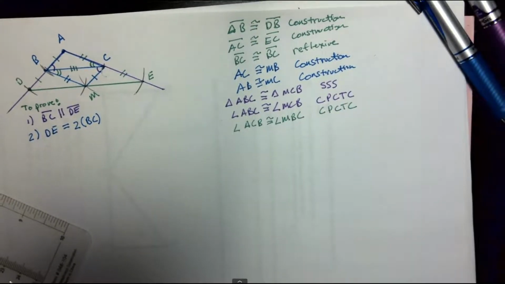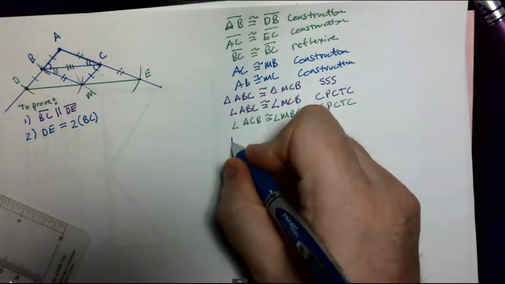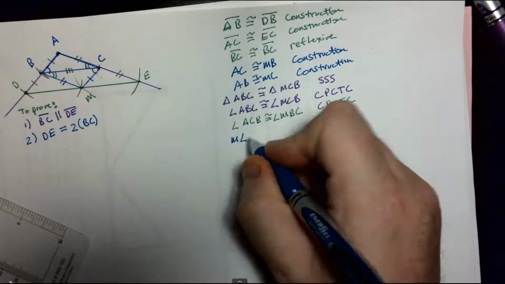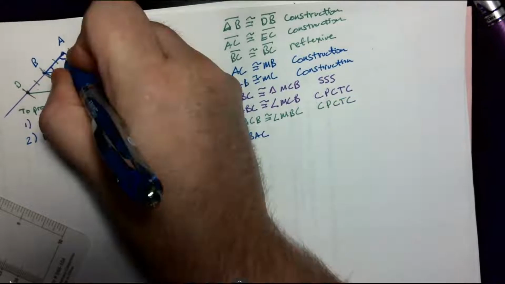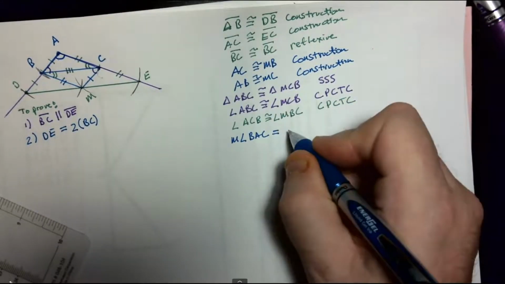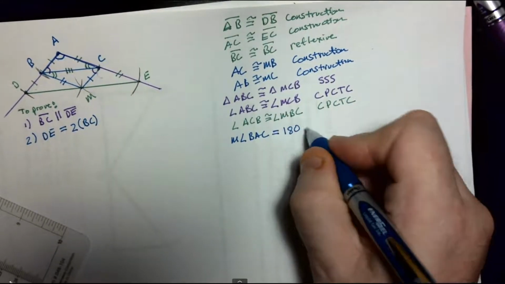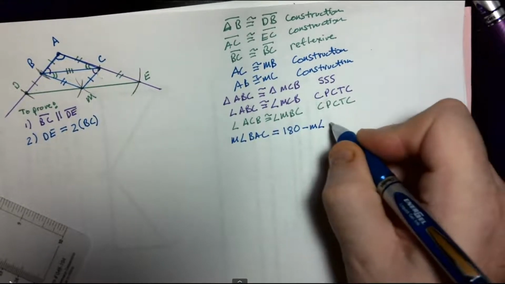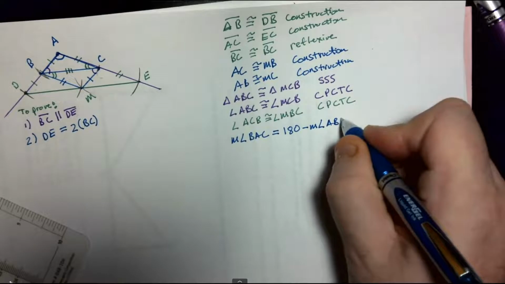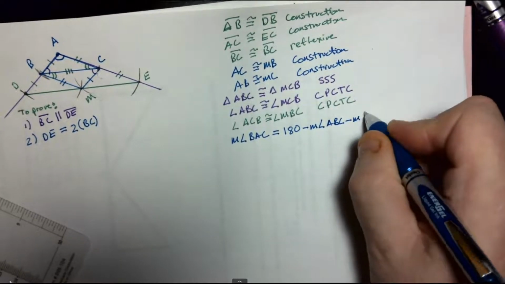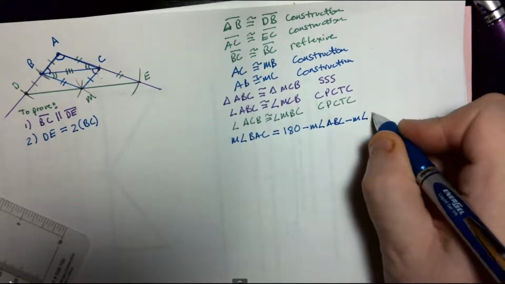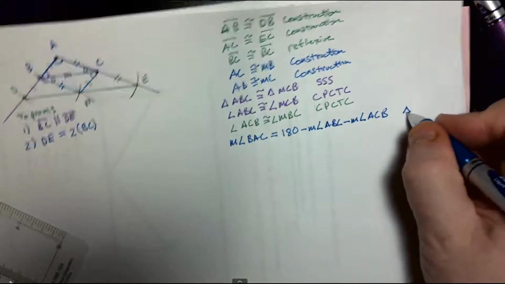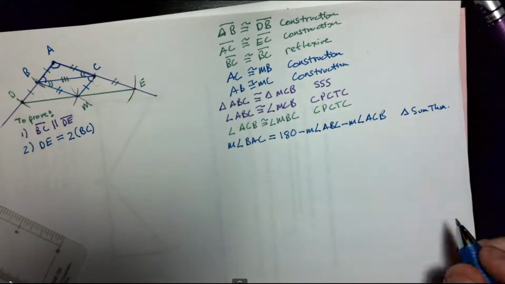Now, the measure of angle BAC is equal to 180 minus the measure of angle ABC minus the measure of angle ACB, and that's true because of the triangle sum theorem.